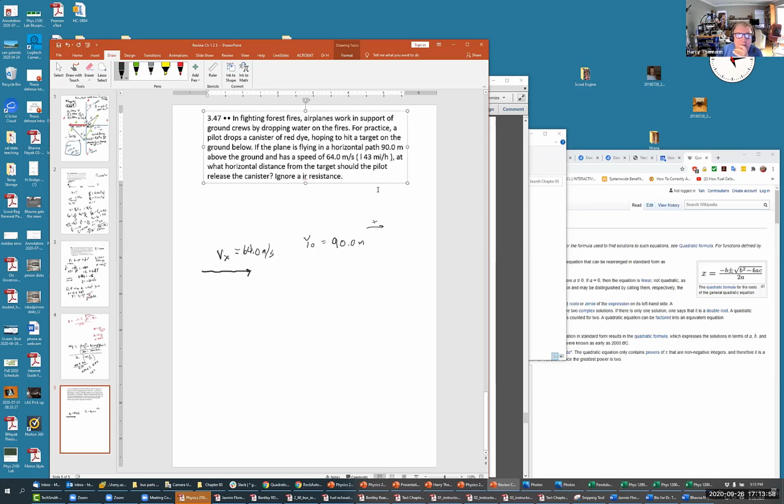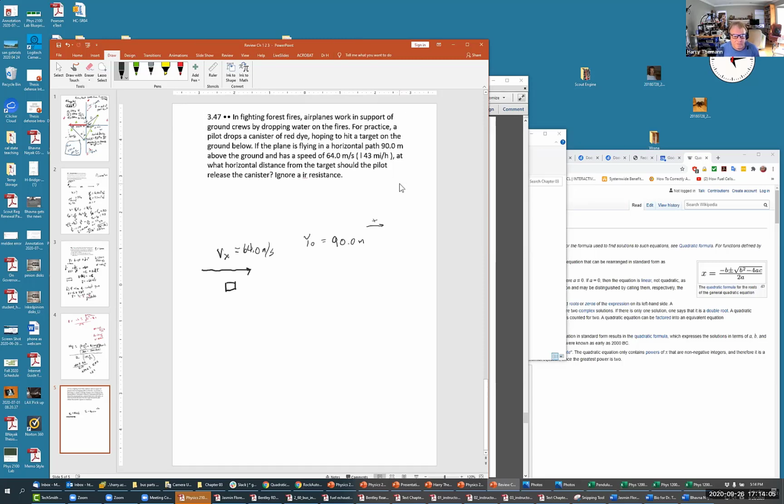Okay, horizontal distance. So we're here, and we can call that x sub 0 equal to 0. And then this is going to be x of impact, or the range. And we're going to call this also y equals 0, so we have that happy circumstance.